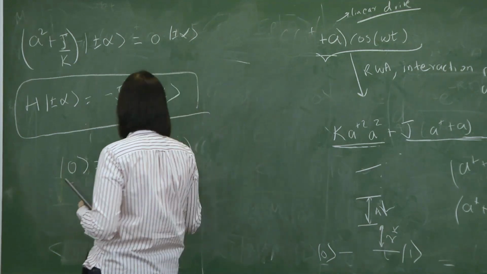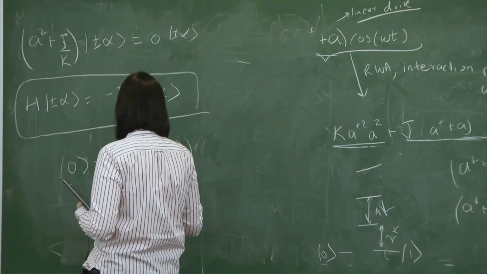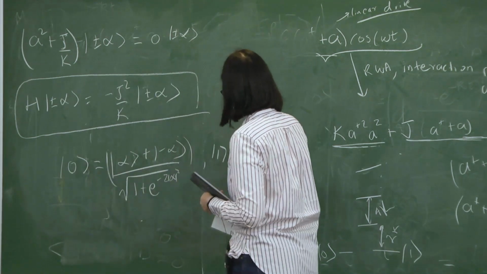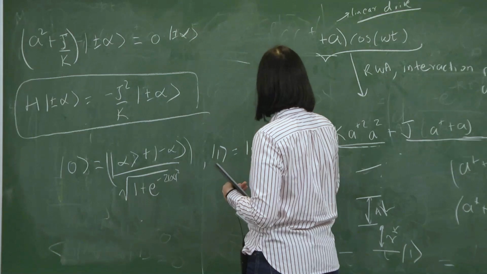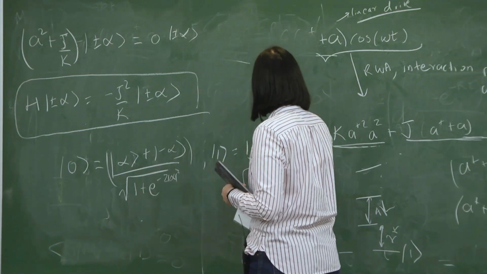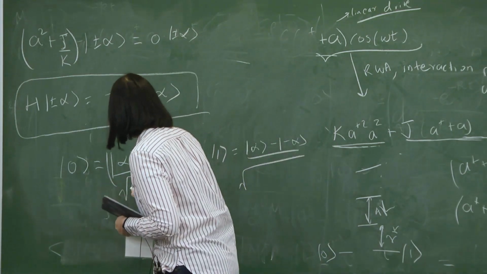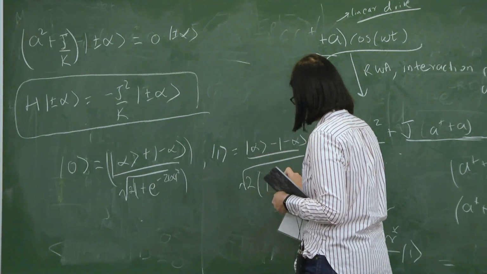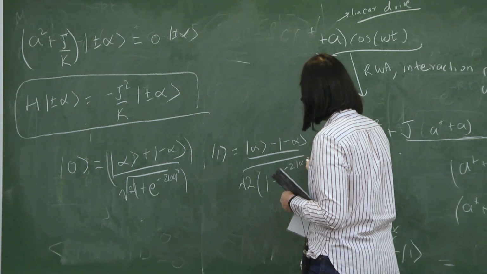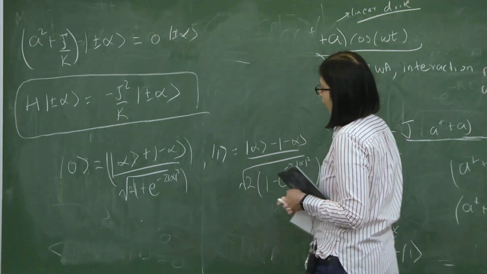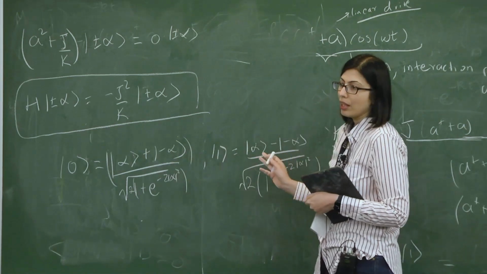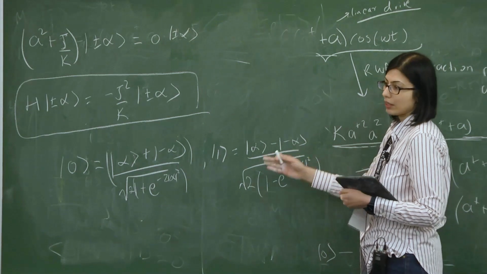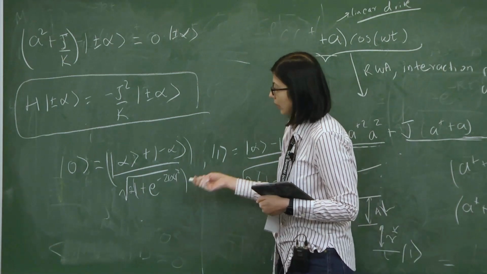Let me write the normalization constant, the square root of 1 plus... So if you take these superpositions, then the even superposition and the odd superposition are exactly orthogonal, and you can actually treat them as qubits.